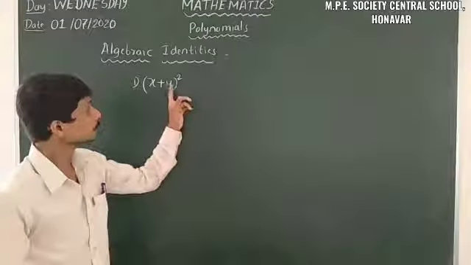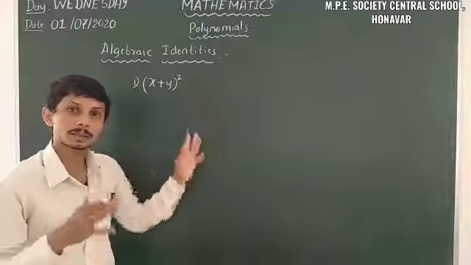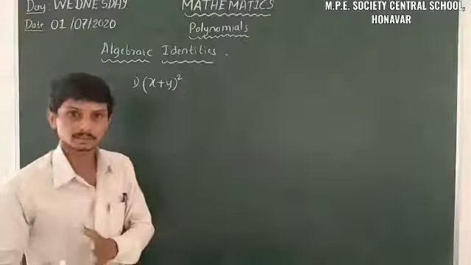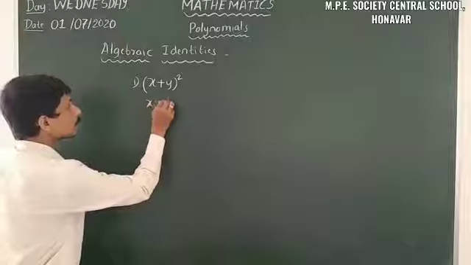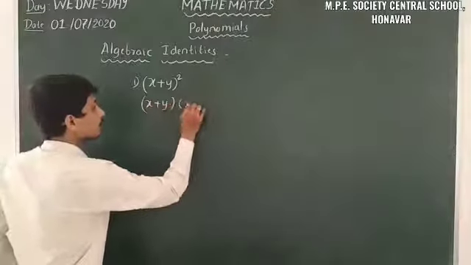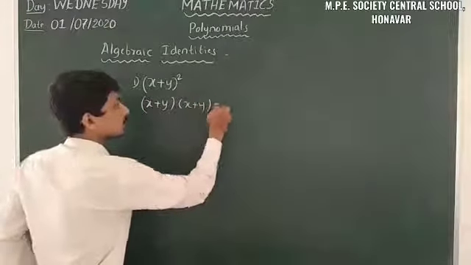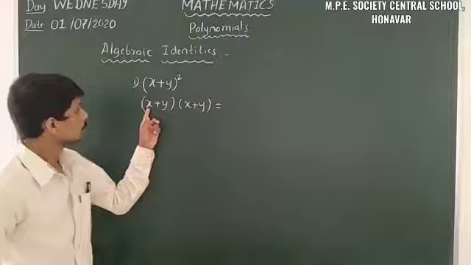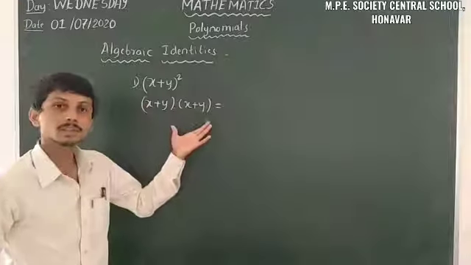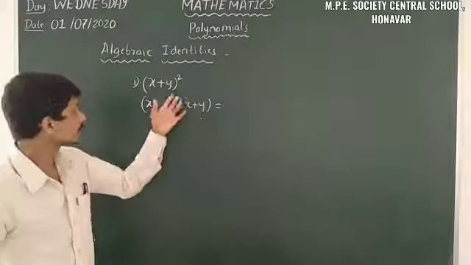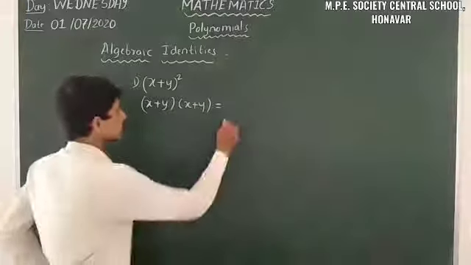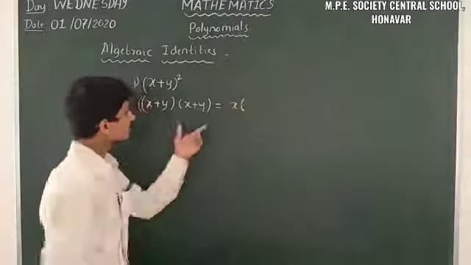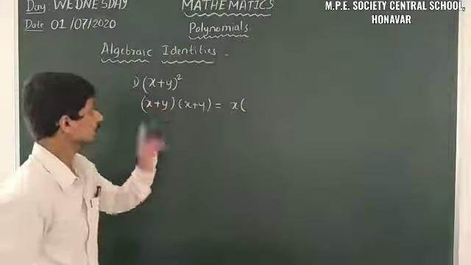So x plus y whole square means we have to multiply x plus y twice. So x plus y into x plus y is equal to, we multiply with the distribution property, considering x plus y as only one number. Here I will firstly multiply x plus y with this x.